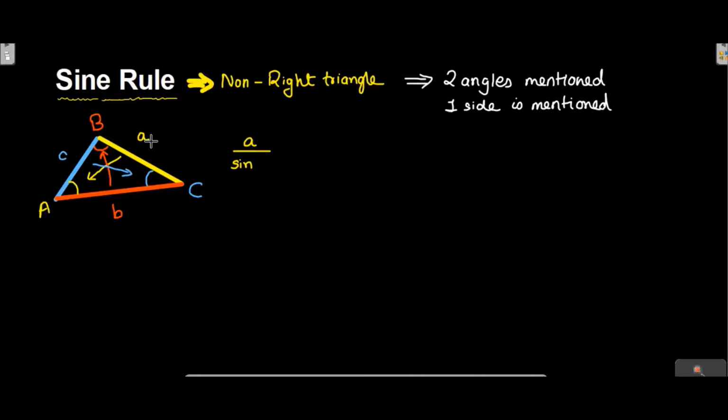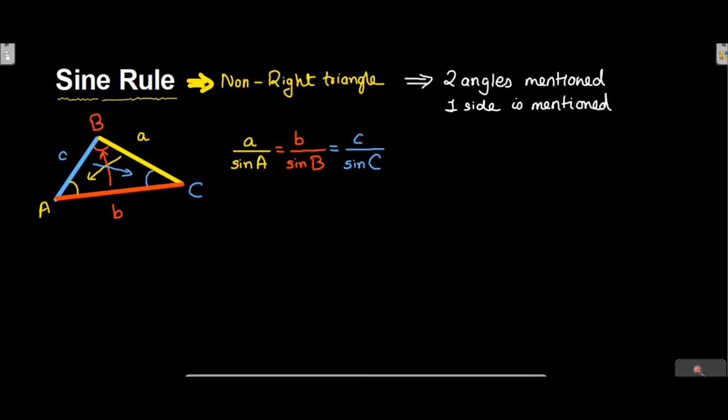So there is a side a here, the opposite angle of side a is capital A, so we write a divided by sine A. Similarly, b divided by sine B, and c divided by sine C. I have shown you with three different colors so that it is clear which side and which angle we are talking about.